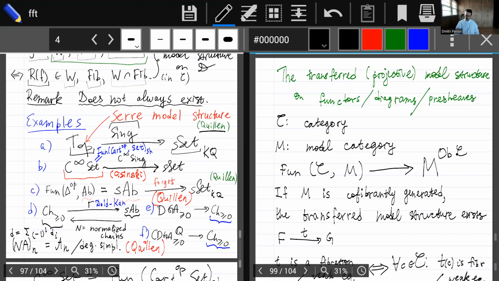This notation just means the product of as many copies of the model category M as there are objects in C. So what this forgetful functor does is evaluate on objects.